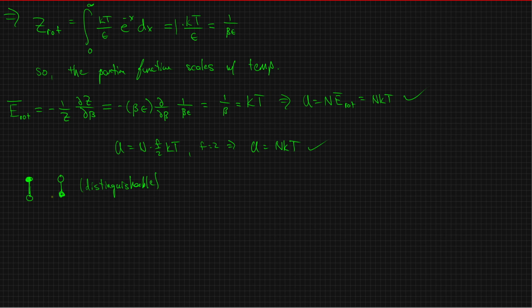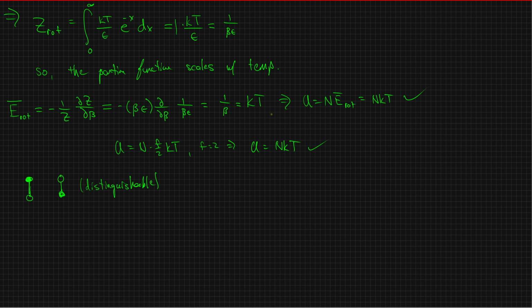If they're indistinguishable, then you no longer can tell. It just looks like this. So you rotate it, boom. So basically you overcount by a factor of 2, because when you rotate it by 180 degrees, you get the same looking thing. So you just have to divide that degeneracy factor at the beginning by a factor of 2, and you would get the correct result.